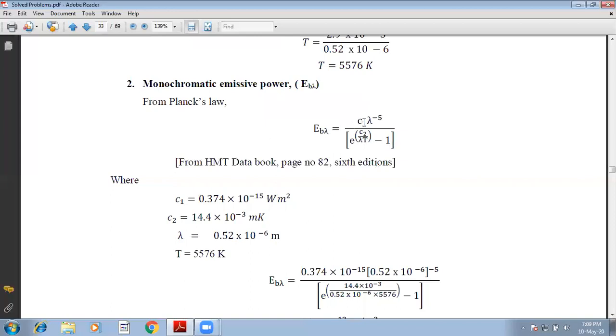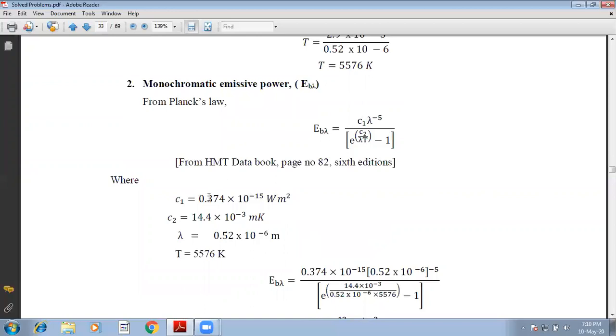I have some constants. You know the value of lambda. He has given it to be 0.52 micrometer. It should be in meters. The constant values like C1 and C2, you can get again from the heat transfer data handbook.